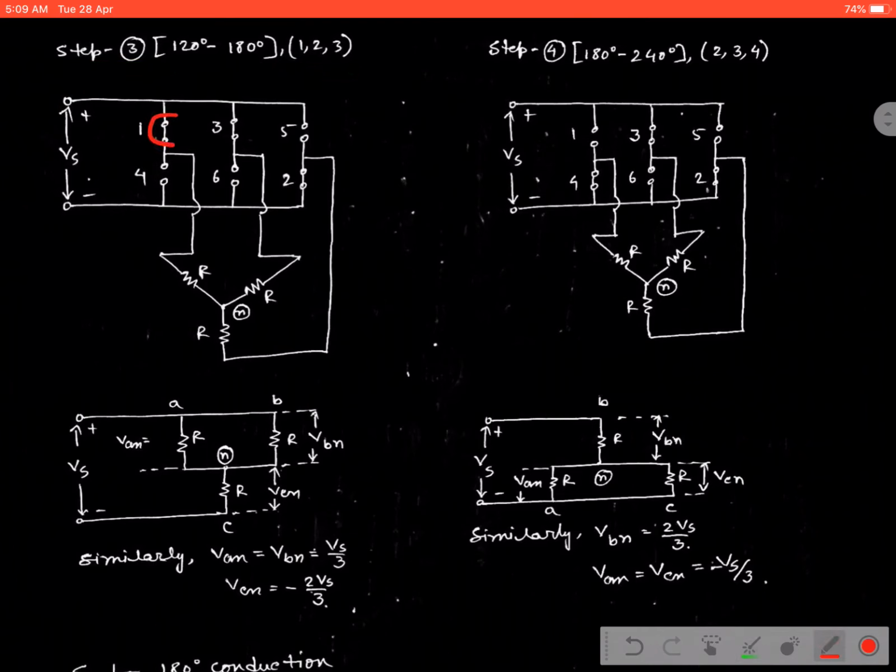That means 1 is on, 3 is in on state and 2 is in on state. In a similar way, as I discussed just a few minutes back, we can draw the equivalent circuit diagram, similar to this circuit. Again we can calculate by using the voltage dividing rule.